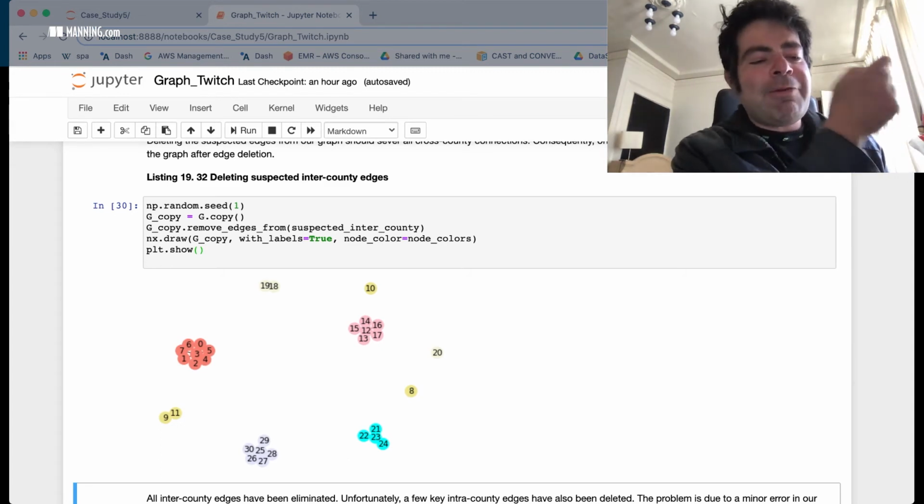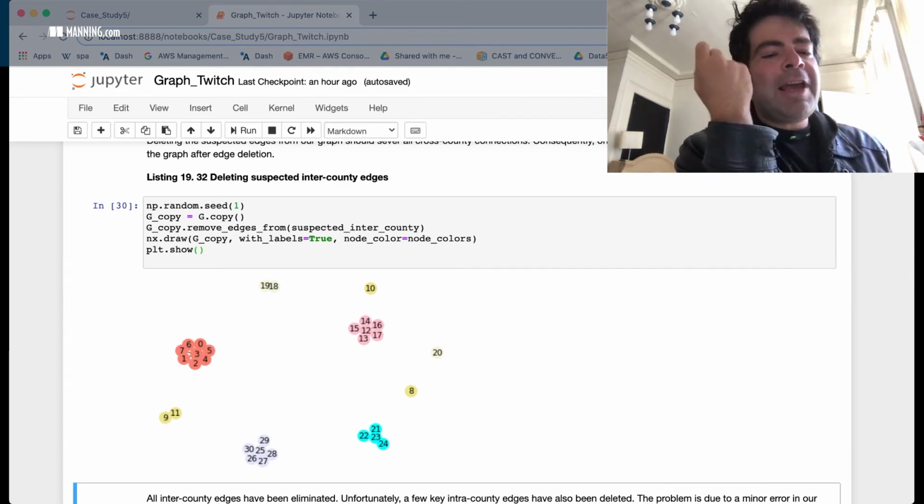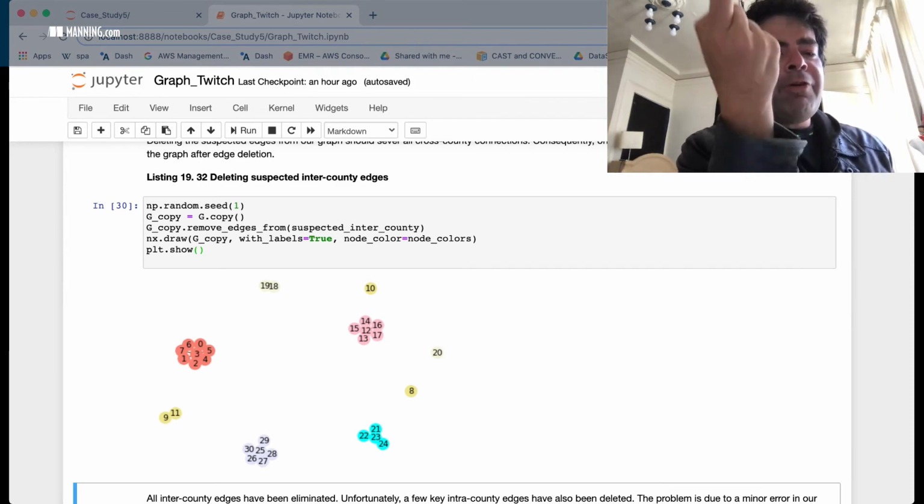So what are the consequences of that? Imagine a simple scenario where you just have two towns, A and B, and there's one road between them.